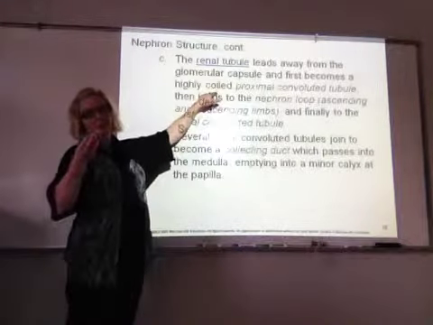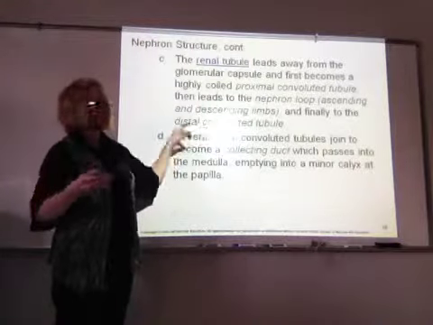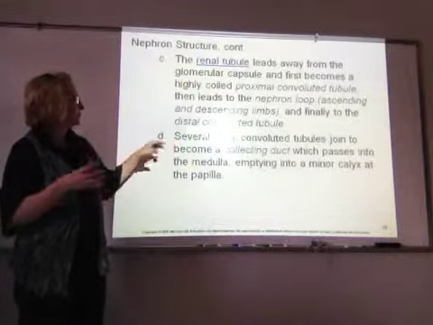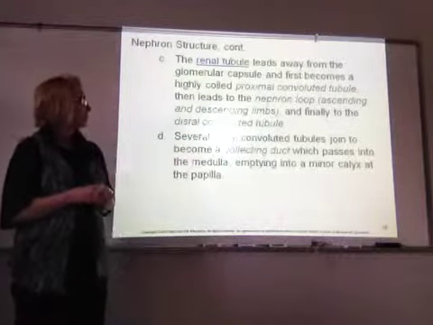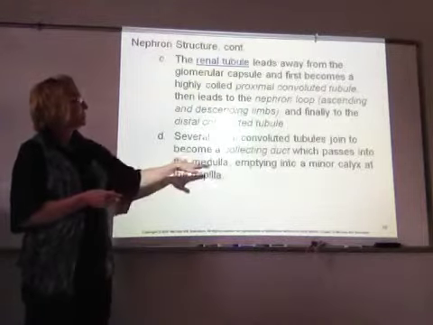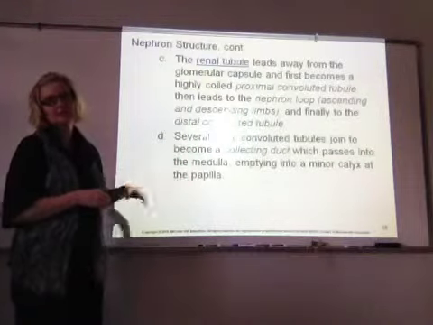So proximal is closer to the nephron. Distal is going to be further away. Several distal convoluted tubules then join and become the collecting duct, which passes into the medulla part of your kidney, and then it empties into a minor calyx at the papilla.